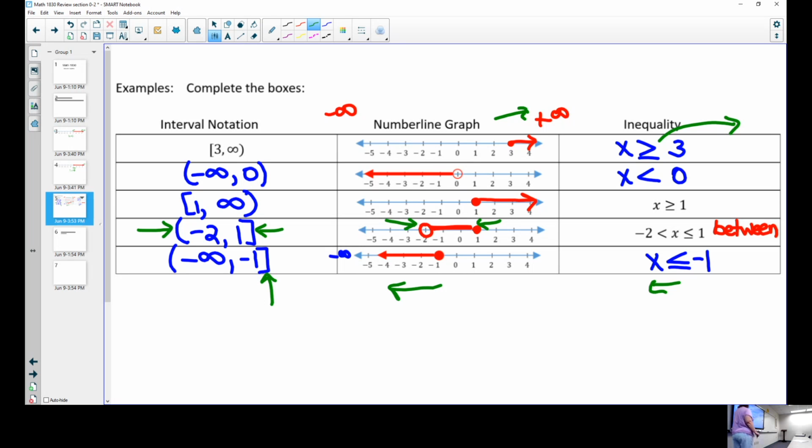So that's how I keep straight that the bracket goes with the dots and the circle goes with the parentheses, and that it takes more to write the equal to, and it takes less to write the less than.